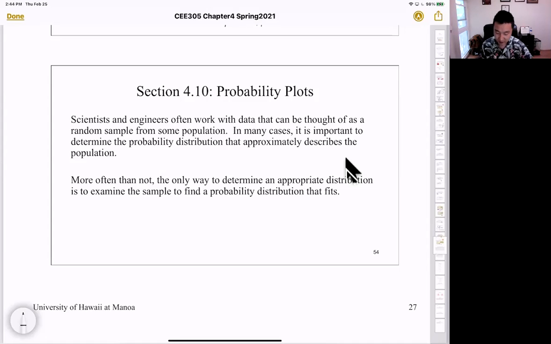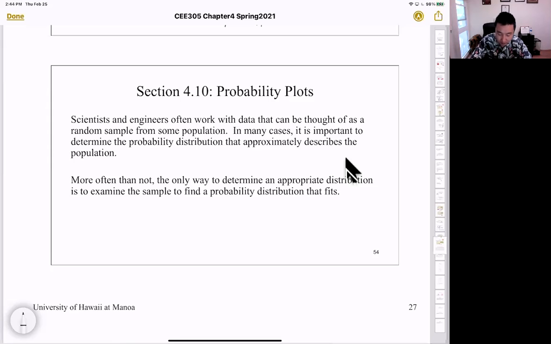Sometimes we do. For example, if we toss a coin 10 times, we know it follows a binomial distribution, because based on the procedure of the experiment. But not always. Sometimes we do not know.